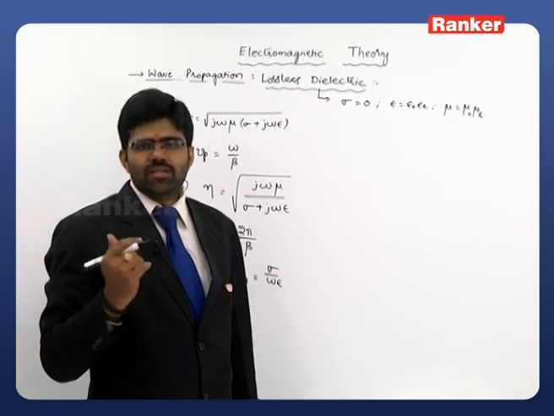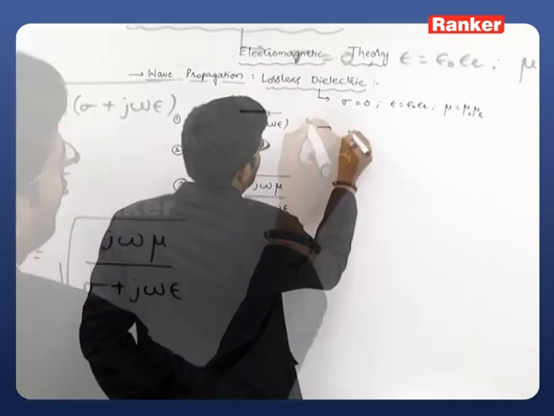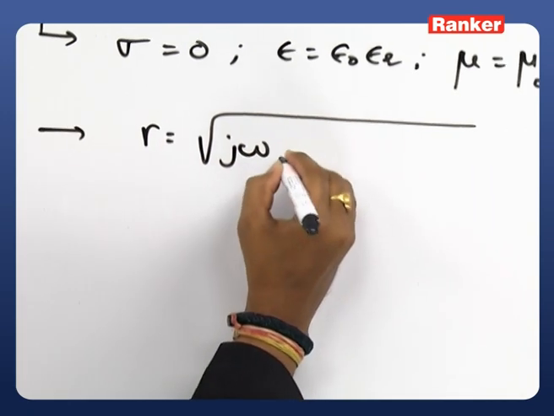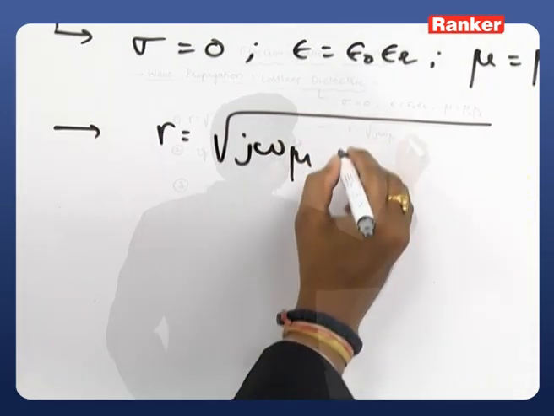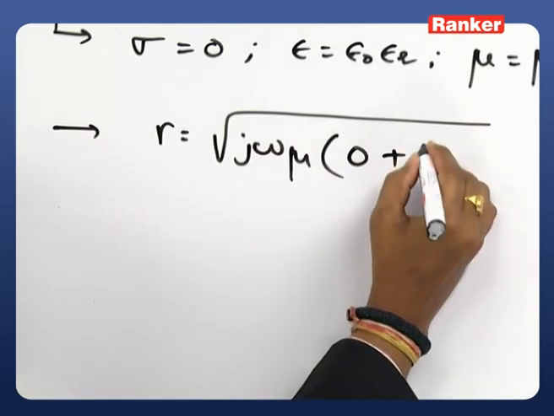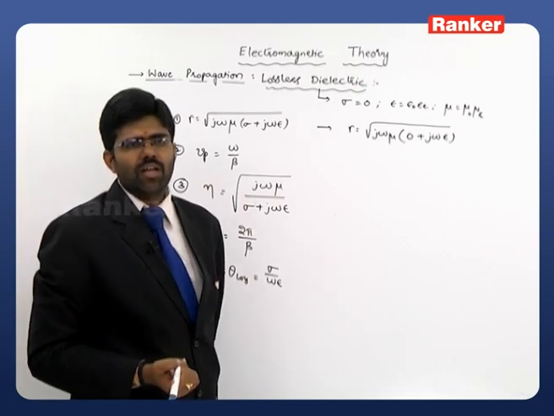Now come to the propagation constant. For the lossless dielectric, gamma is equal to the square root of j omega mu, where mu is mu naught mu r, multiplied by (sigma, which is 0, plus j omega epsilon), where epsilon is epsilon naught epsilon r.